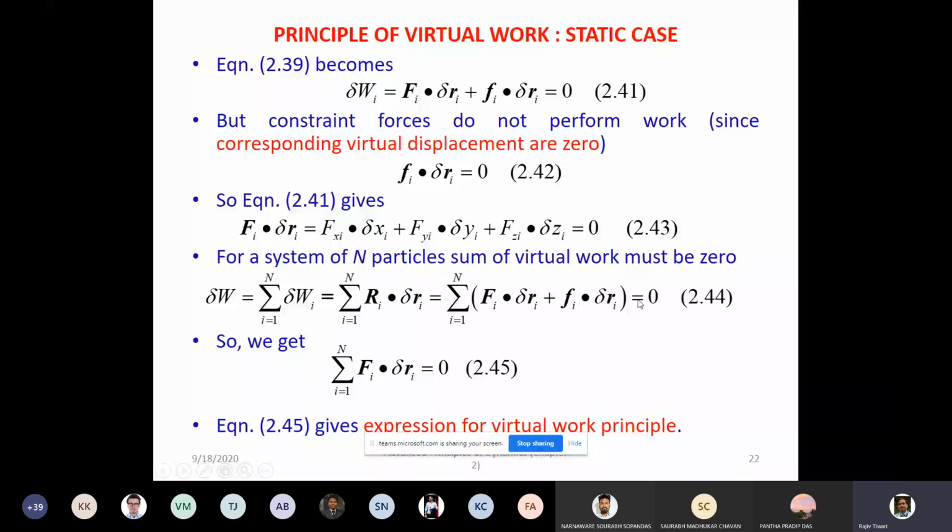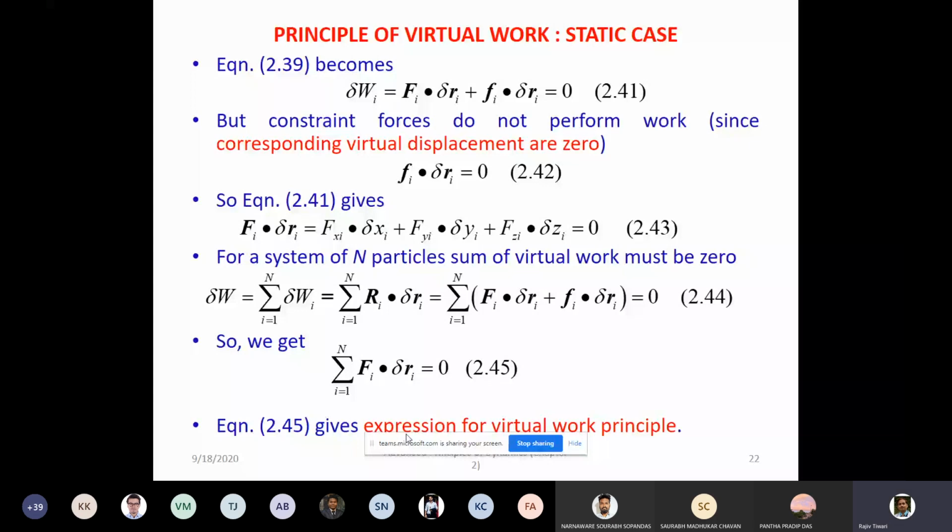And because here the variation in the reaction forces or the constraint forces is 0, we are left with this with a summation sign. So the equation is similar to before, but now this is for all the particles in the system, and this is the expression for the virtual work principle. So this will be used to obtain the static equilibrium condition for an n particle system.